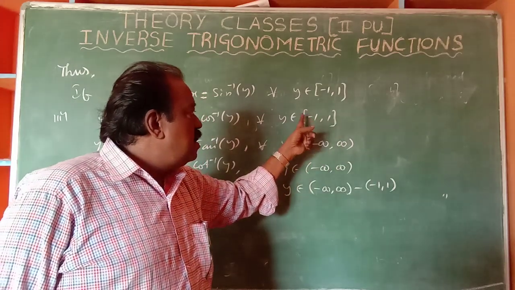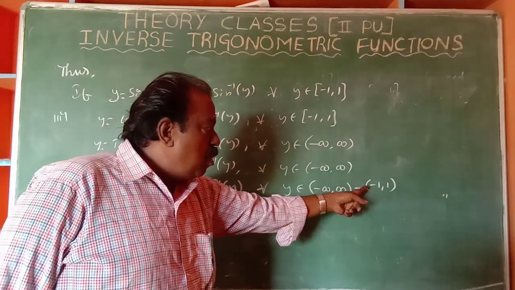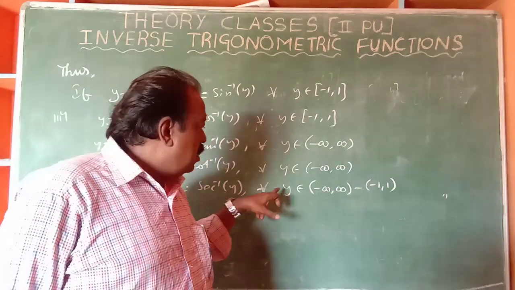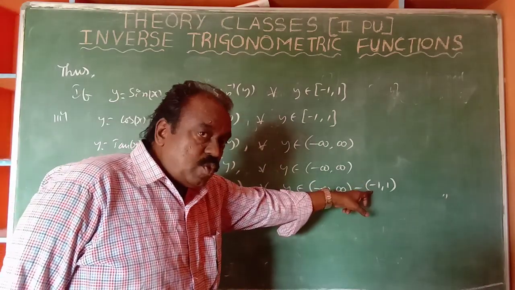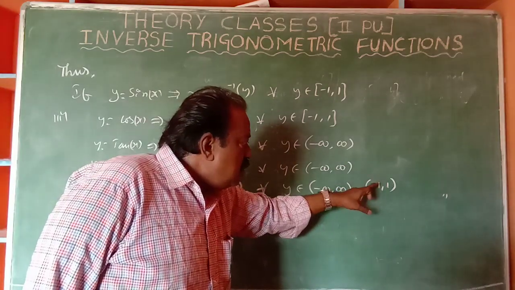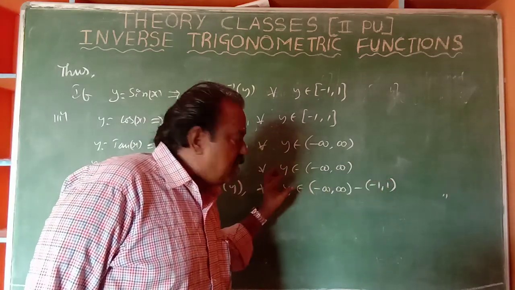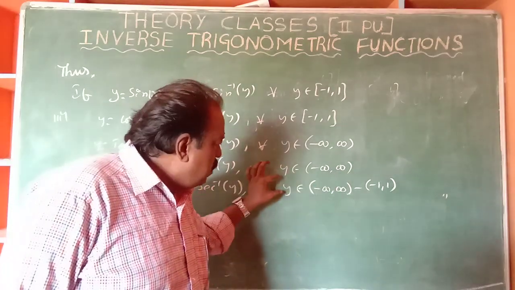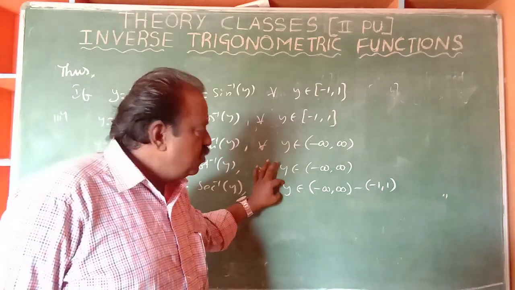But here it is closed, here it is open. This y can take minus 1 and 1 also. In the middle between minus 1 and 1, it will not be taken by the y value. Okay now? Try to understand.